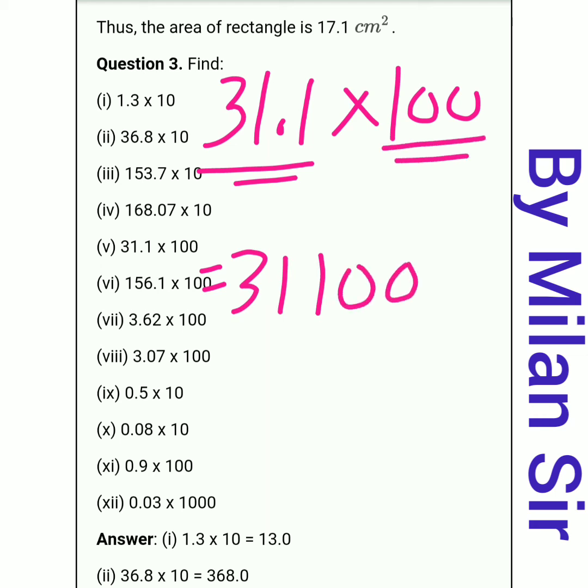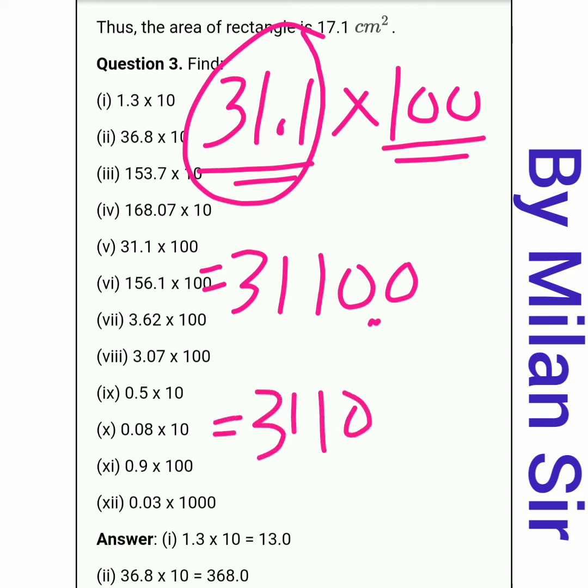If we ignore the decimal point, then 311 multiply 100 is 31100. Right, now in the question before one digit we have the decimal point, so before one digit here we need to put the decimal point, so 3110.0, it means 3110.